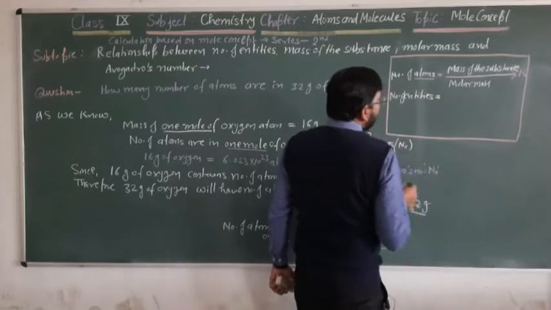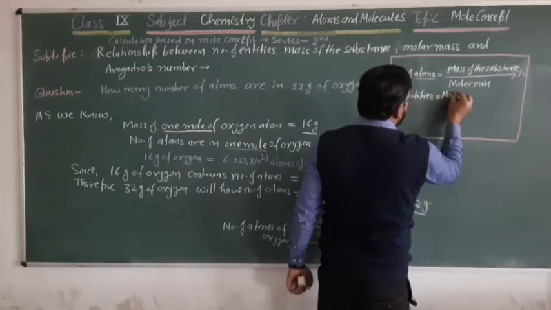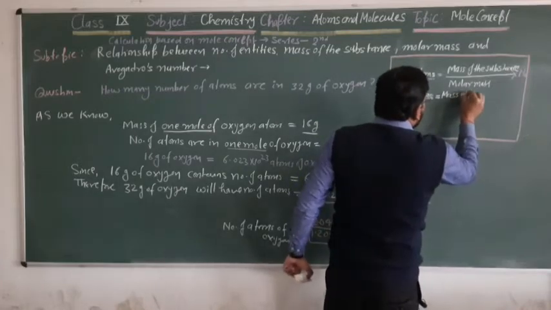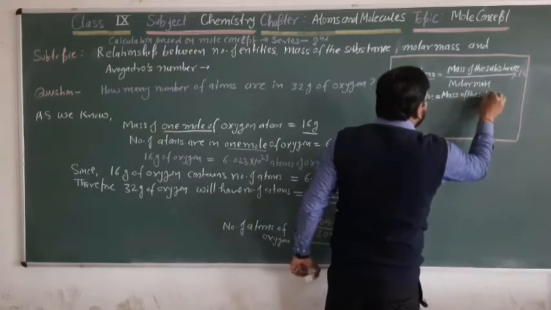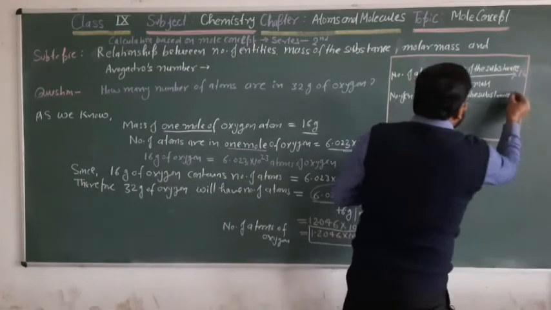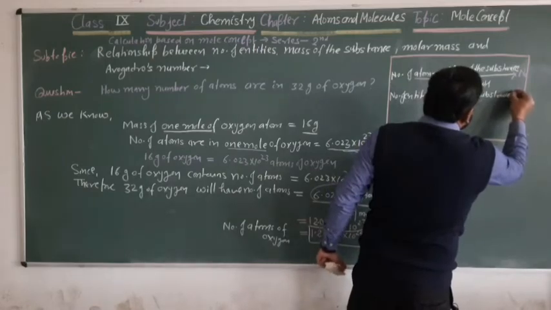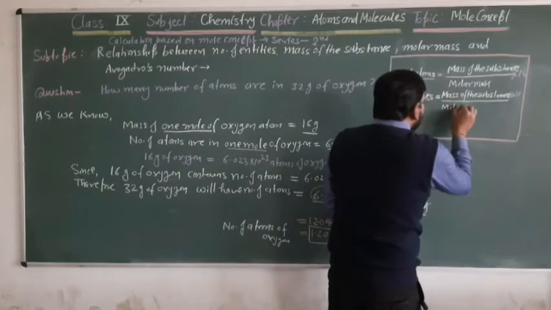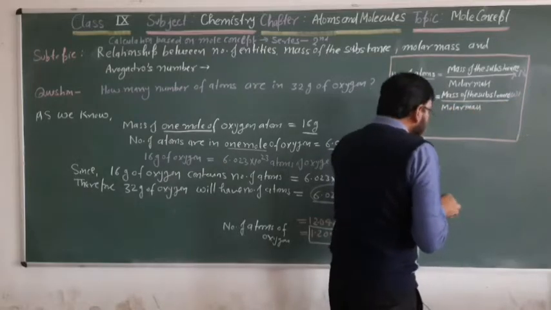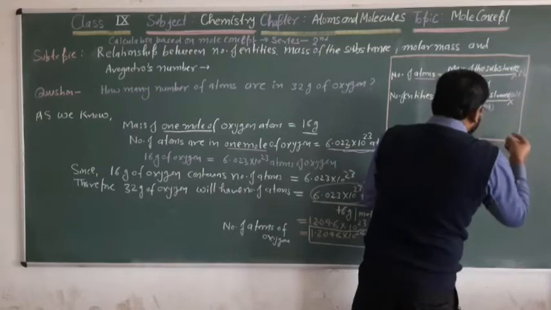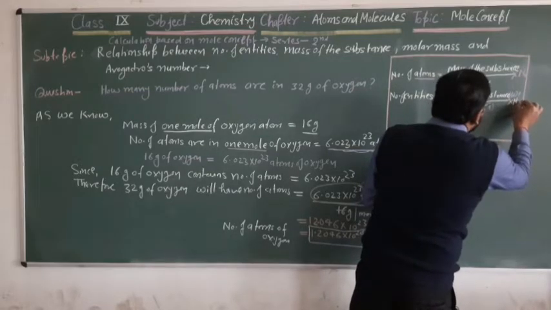Number of entities is equal to the mass of the substance, for which we have the symbol W, divided by the molar mass of the substance, for which we have the symbol M, multiplied by Avogadro's number N naught.